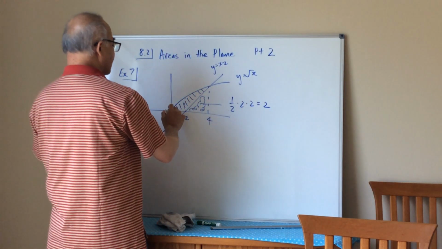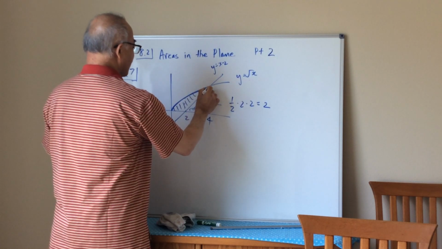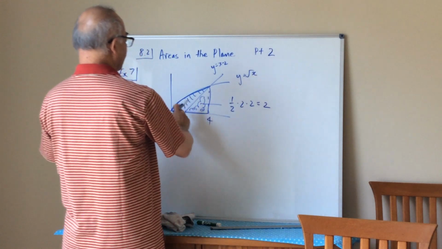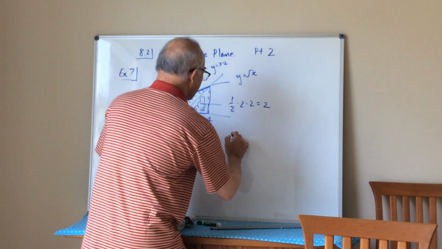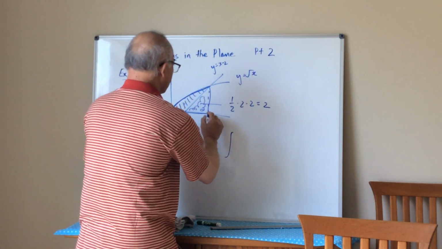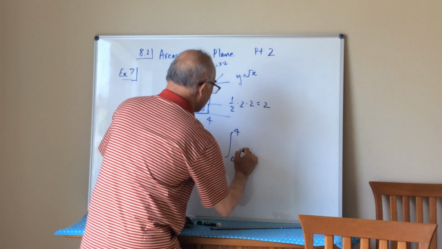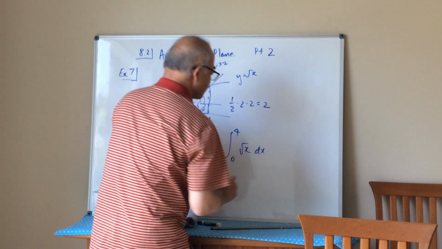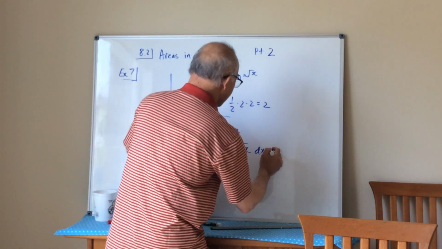So in other words, I can find the area under the root x curve and subtract 2 from that. This guy is simple: from 0 to 4, root x dx.